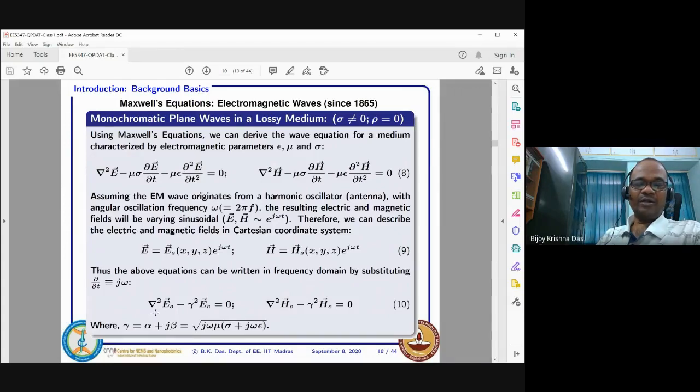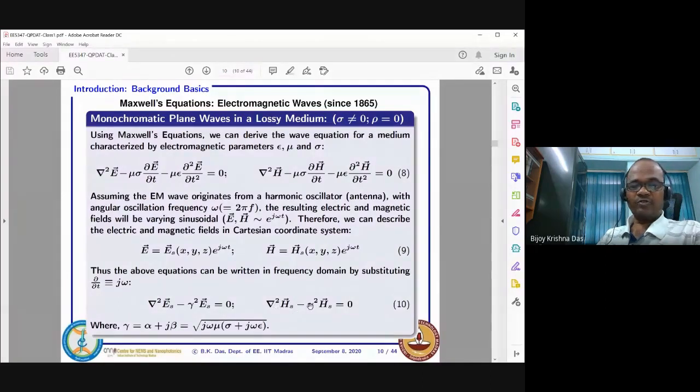This will become d2E by dz2, because del by del x equals 0 and del by del y equals 0, so it is only one dimensional. This nabla square will become just d2 by dz2. Same here. That means ES is no more xy dependent, but only z dependent.